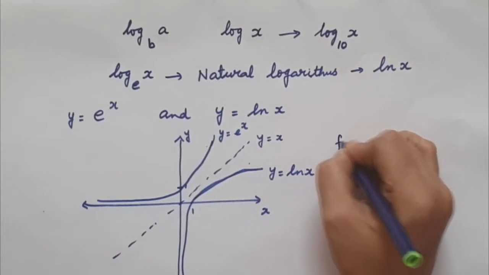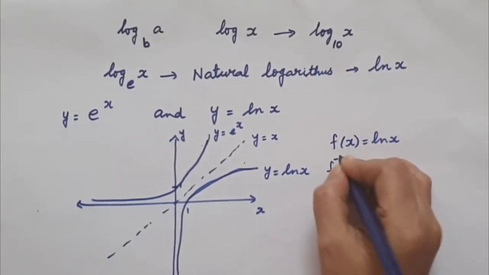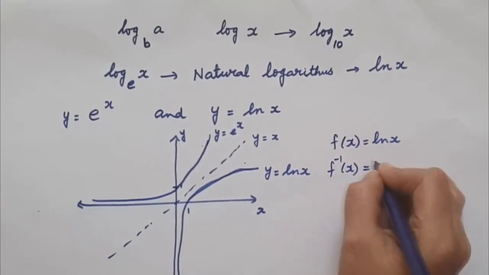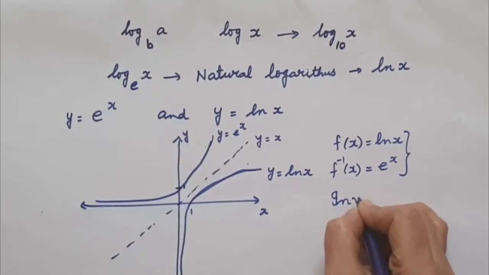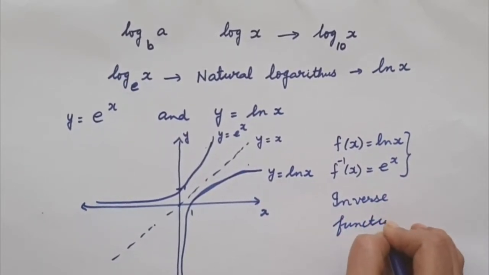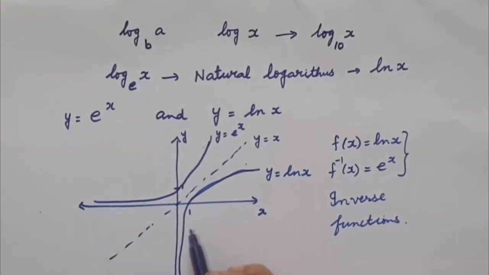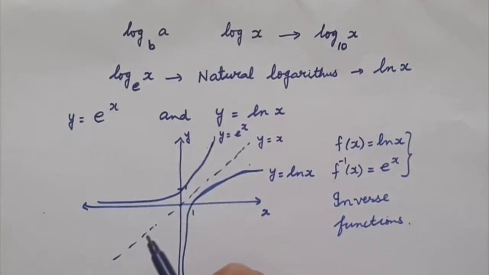Suppose f of x equal to ln x, then f inverse of x will be equal to e to the power of x. These two are inverse functions, as these two are reflections of each other along the line y equal to x.